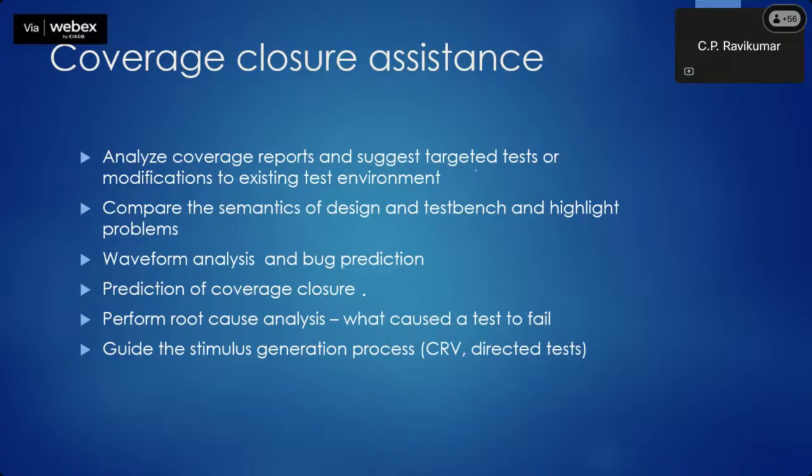So that may be based on some sort of training, supervised learning. Okay, based on supervised learning, they may be able to predict the coverage closure, and they may even be able to go and do root cause analysis.